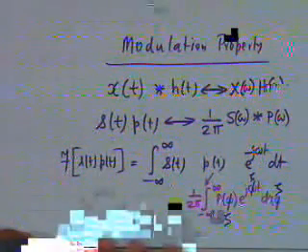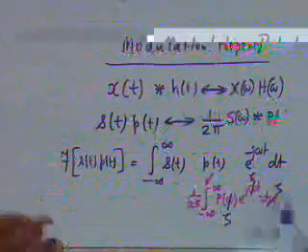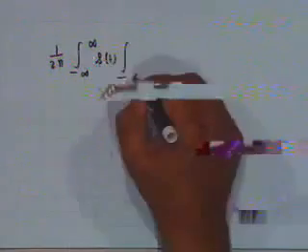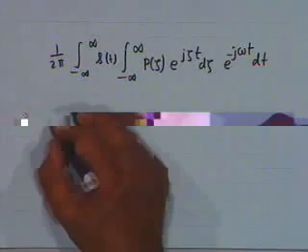So my integral becomes the integral from minus infinity to infinity of s of t, with 1 over 2 pi taken out, integral from minus infinity to infinity of P of zeta e to the power j zeta t d zeta, and then e to the minus j omega t, then dt. This is what I have substituted for small p of t. Then I argue that since t and zeta are independent of each other, I can interchange the integrals.